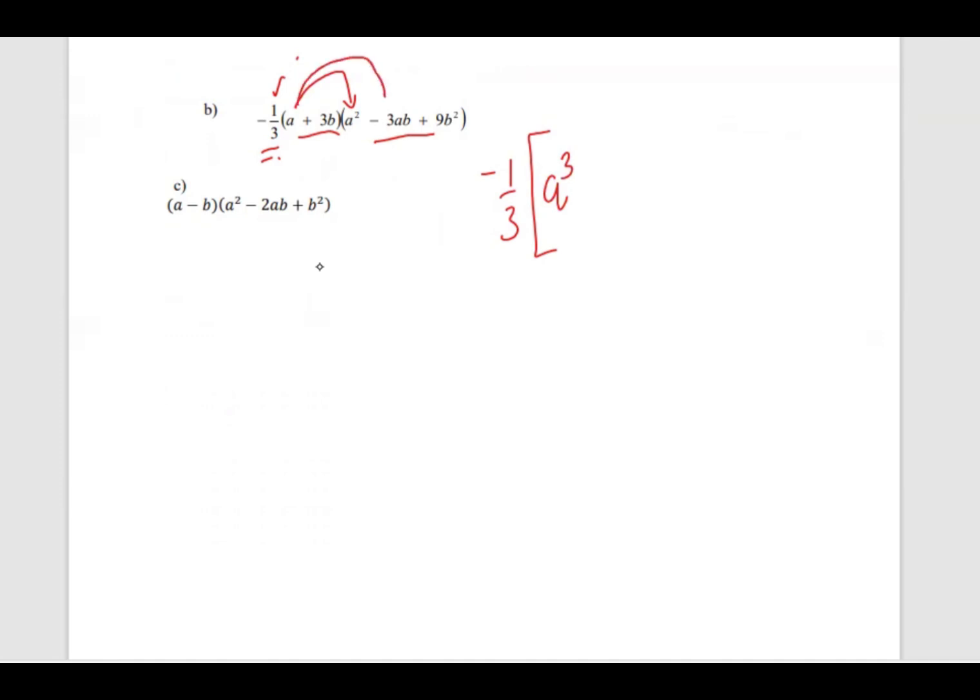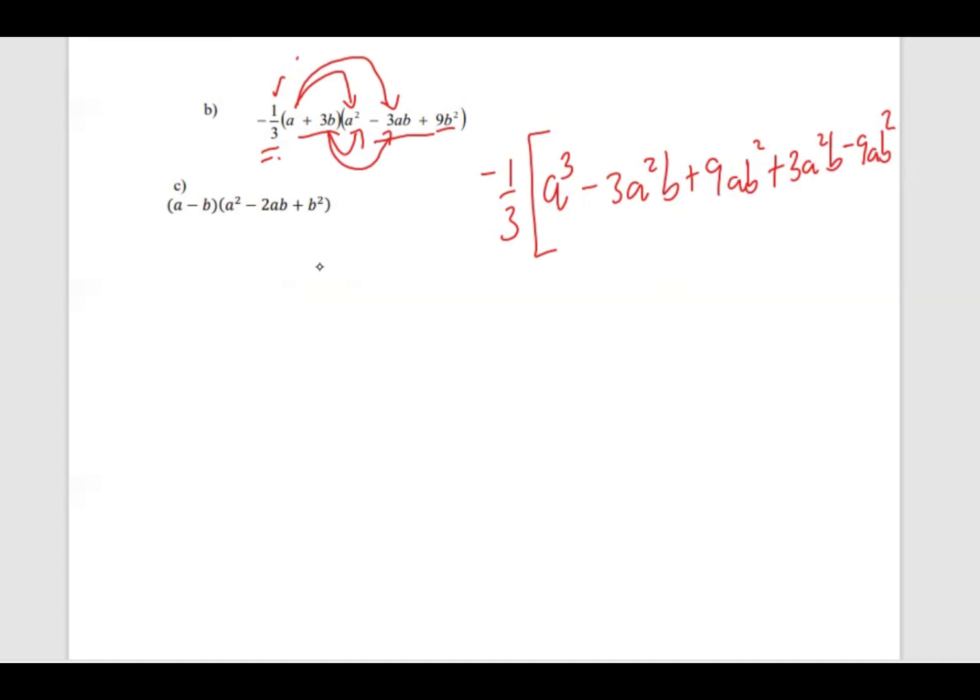The a multiplied by that is going to be negative 3a squared b. And then the a multiplied by this is going to be 9ab squared. Then 3b multiplied by a squared, that's going to be 3a squared b. Then 3b and 3ab, that's going to be negative 9ab squared.